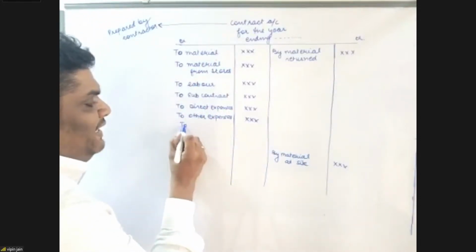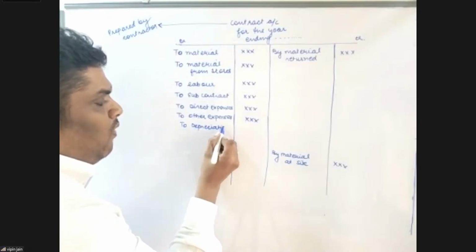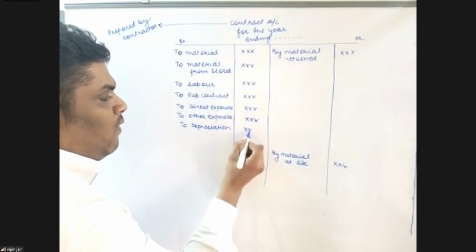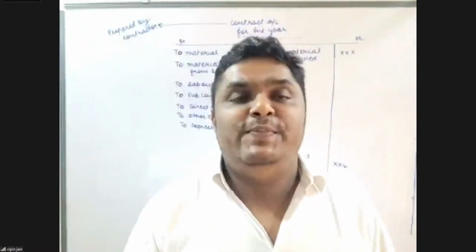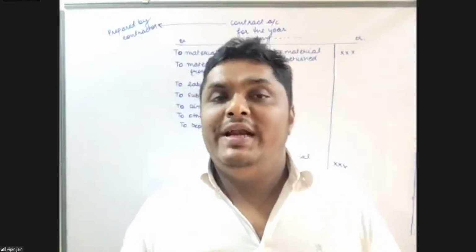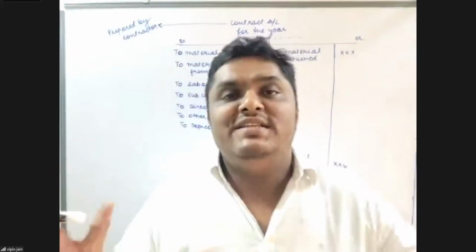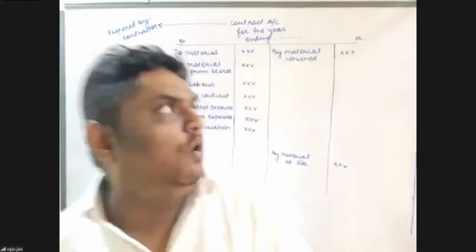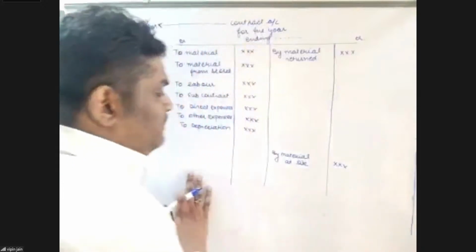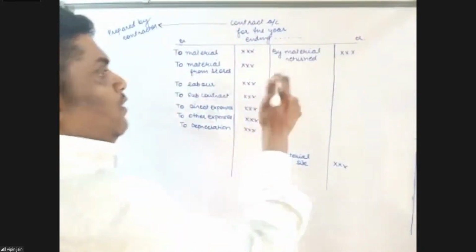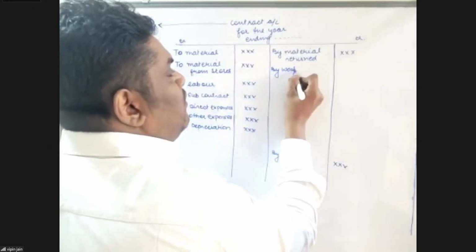So I'm just writing depreciation. If any information is given regarding any other expenditures, that is, allocated expenditures of the company, whatever expenditures are incurred relating to that contract are to be transferred to the contract account. Now, on the credit side, we will write by work in progress.